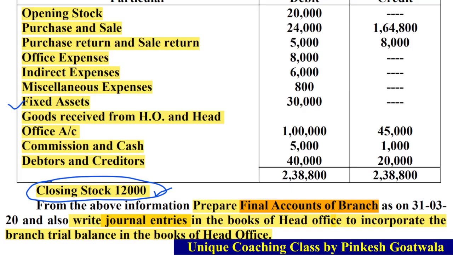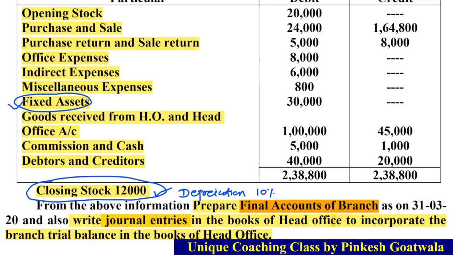So first of all we have to check whether any adjustment is connected to a balance. Suppose depreciation is given, like 10% depreciation on fixed asset, so it is connected with fixed asset.